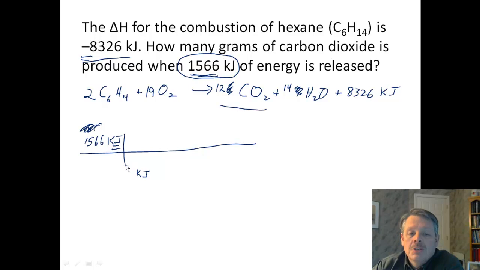Well, it has to be kilojoules. Remember, guys, you can do this negative, it really doesn't matter, but there's no reason to worry about the negative sign. We know this is an exothermic reaction because our delta H is negative, so we know we produce energy. We're going to produce positive energy, so just make it positive.